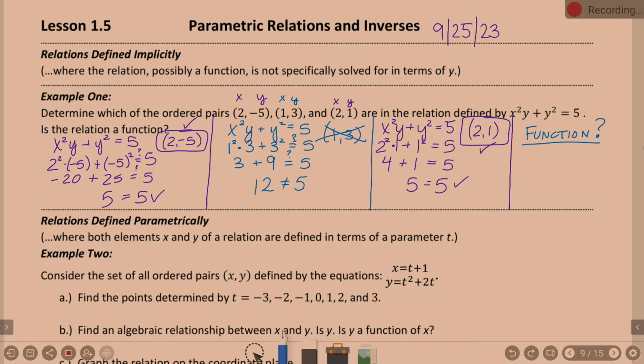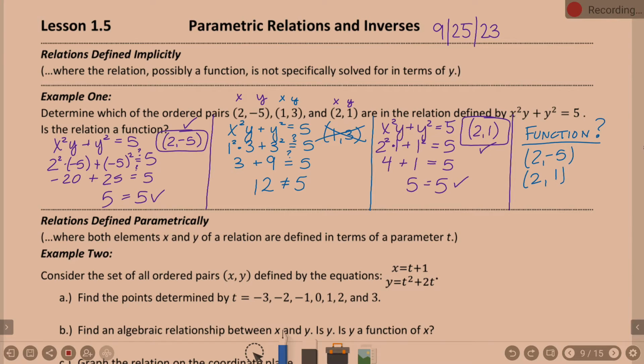Because it's the same x value. We don't know what the graph of this looks like, but if you just consider the two ordered pairs that are part of the relation, we already decided that 2, -5 is part of the relation, and 2, 1 is part of the relation.